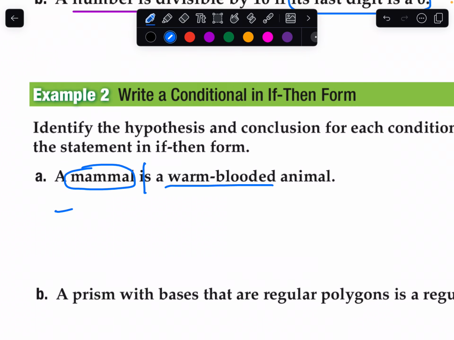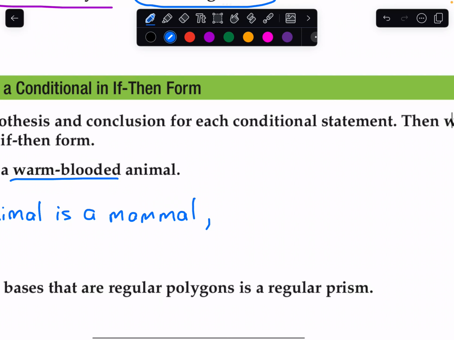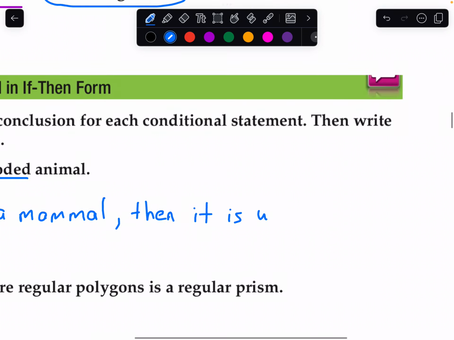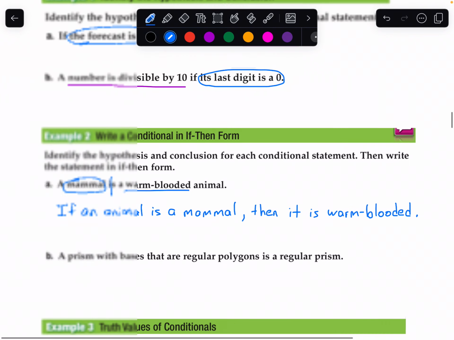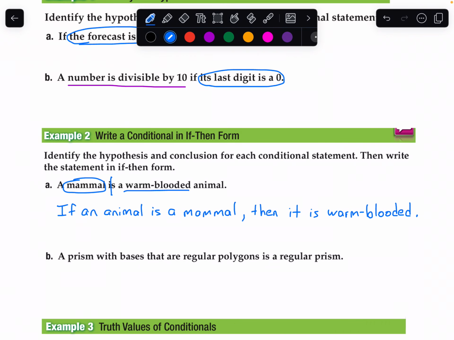So we will write, if an animal is a mammal, then it is warm-blooded. And notice that I have moved the word animal into my hypothesis, and I don't need to repeat it in my conclusion. I like to avoid using extra pronouns where possible.